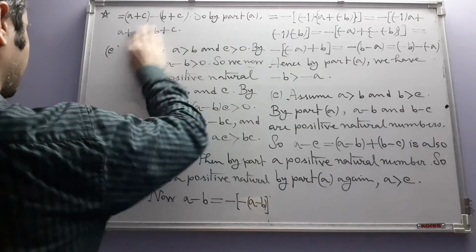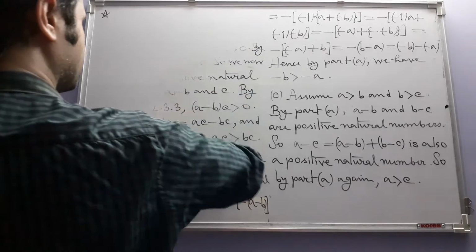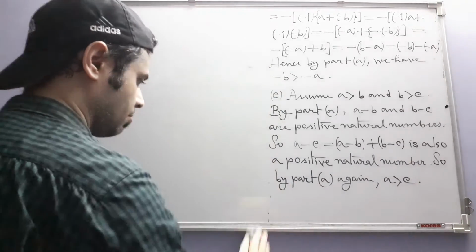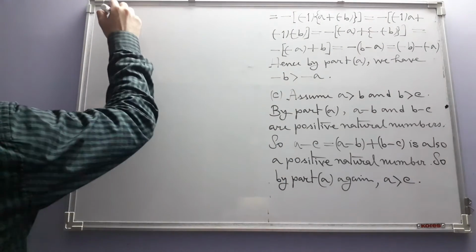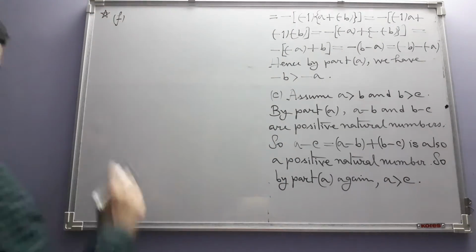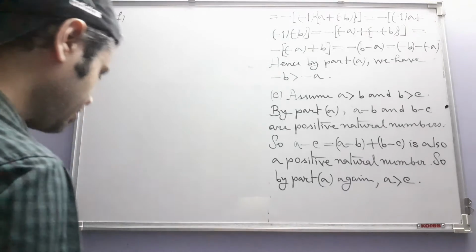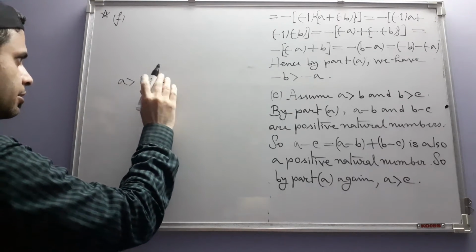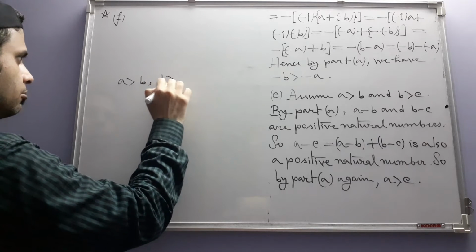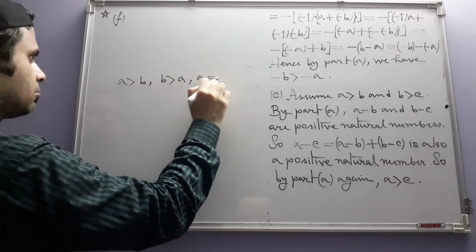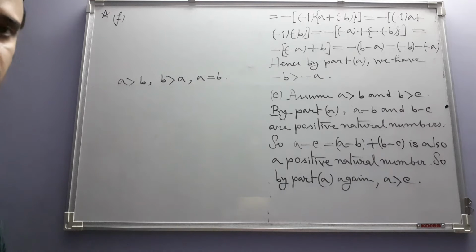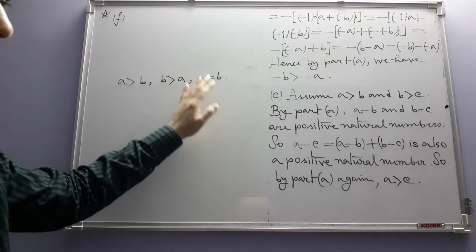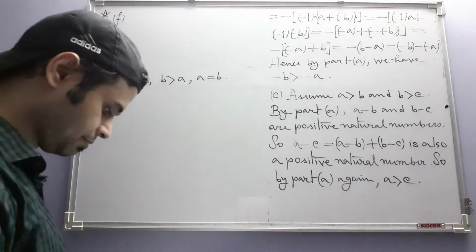And finally part F. So in part F we have to prove that exactly one of these three things is true. And here we are going to use trichotomy of integers that we proved previously.